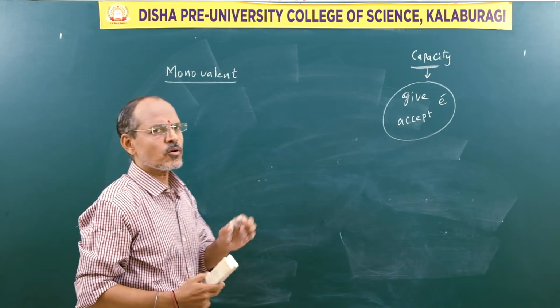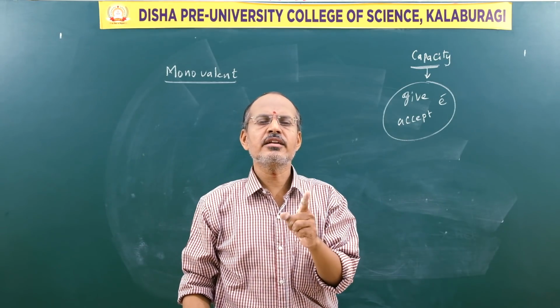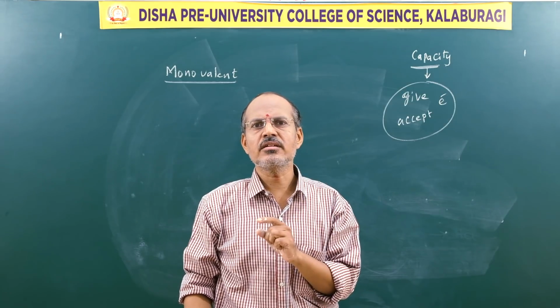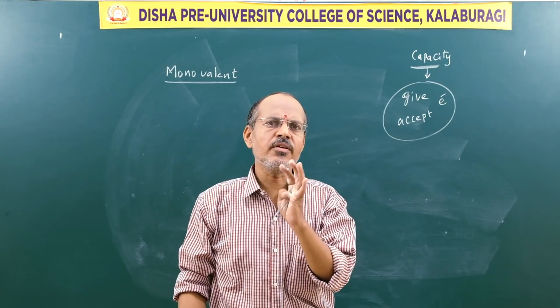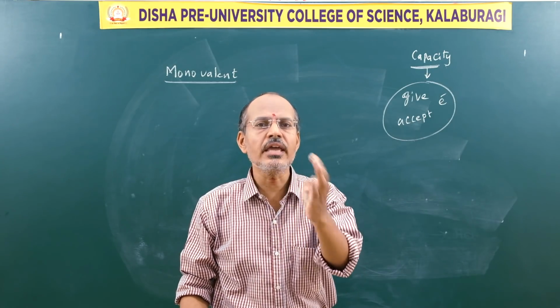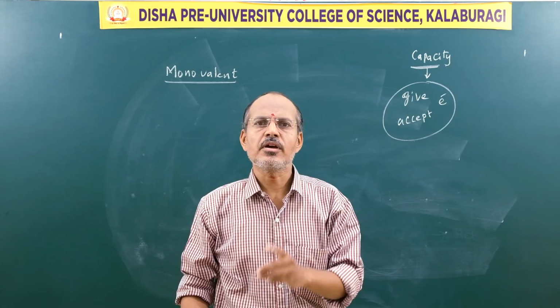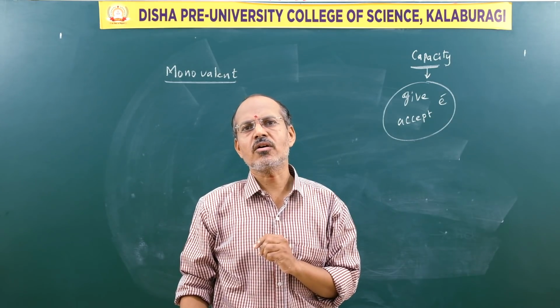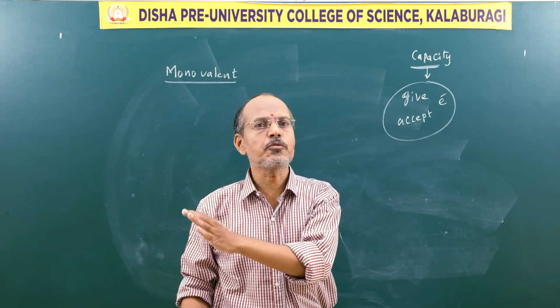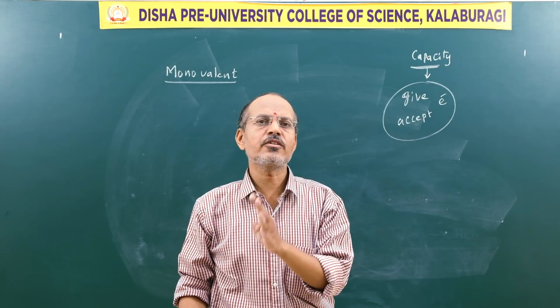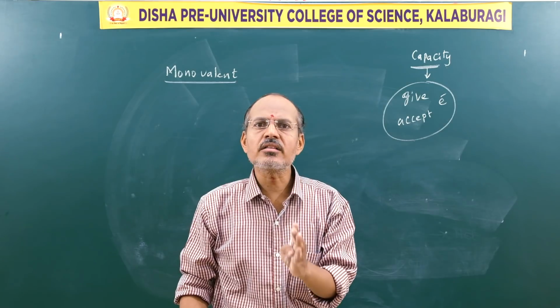Monovalent means, mono means one, valent means capacity, combining capacity. That means they have a capacity to give or to accept only one electron. Such species we call monovalent species.